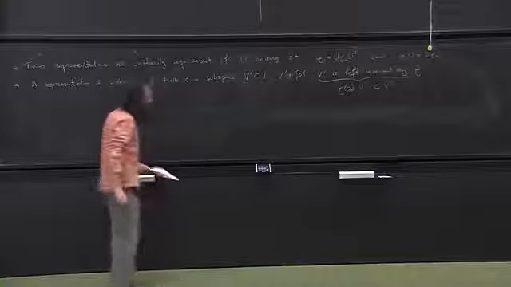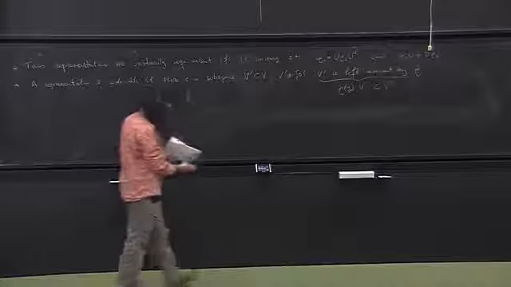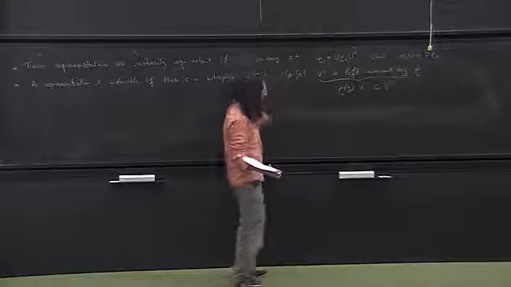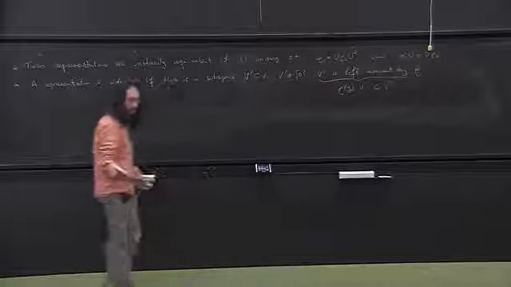We'll be mainly interested in irreducible representations, which are representations such that you cannot find a subspace that is stable under the action of the group.